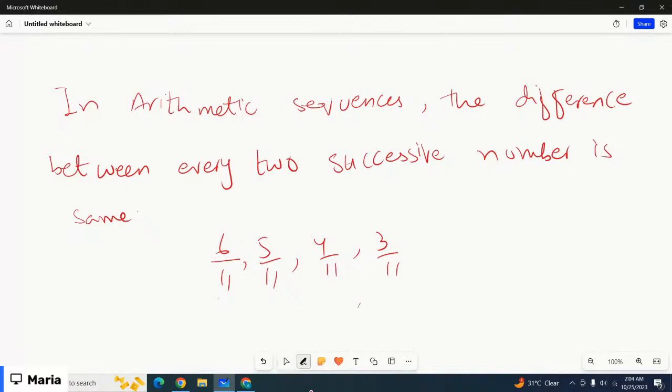That means for the next term, the denominator would be the same and you subtract 1 from 3. So the next fraction in the sequence is 2 over 11. Got it?